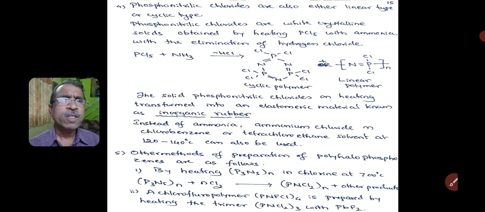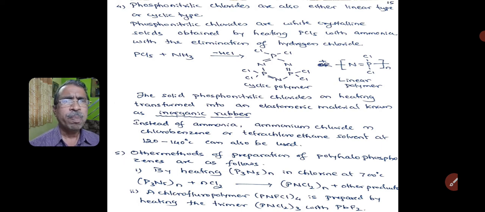The solid phosphonitrile chloride on heating transforms into an elastomeric material known as inorganic rubber. Instead of ammonia, ammonium chloride in chlorobenzene or tetrachloroethane solvent at 120 to 140 degrees centigrade can also be used in the manufacture of phosphonitrile chlorides.